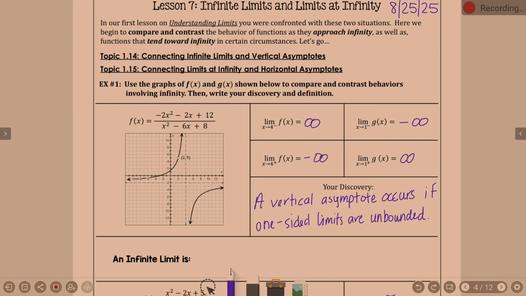So that's the idea of what is an infinite limit. As x approaches c, the limit will approach either positive infinity or negative infinity.